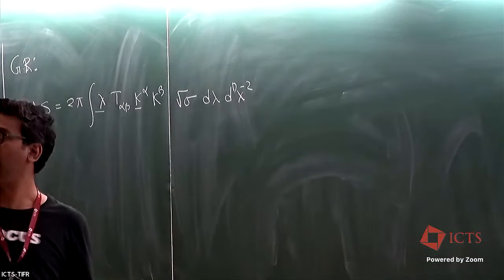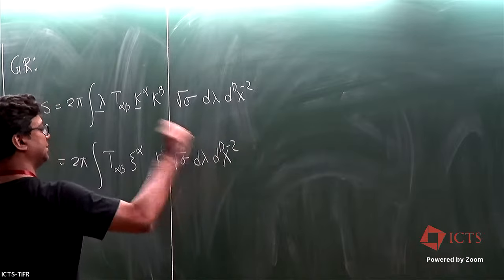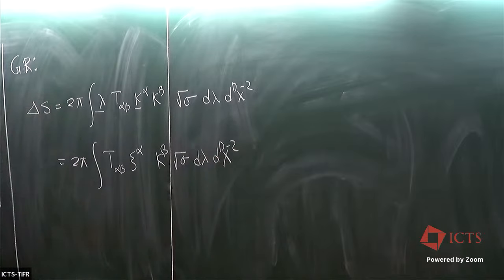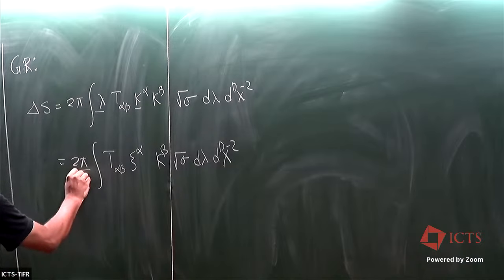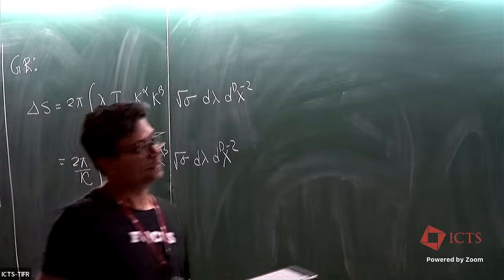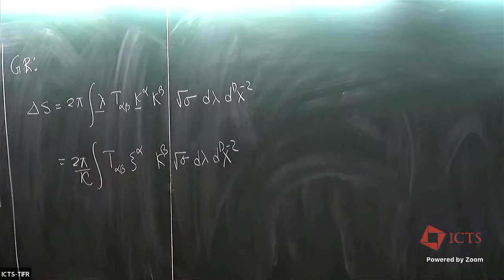So therefore, I can write this object as 2 pi, only up to linear order, T alpha beta xi alpha K beta root sigma d lambda d minus 2x. But there will be a kappa, right? 1 by kappa, because there is a kappa which goes down.